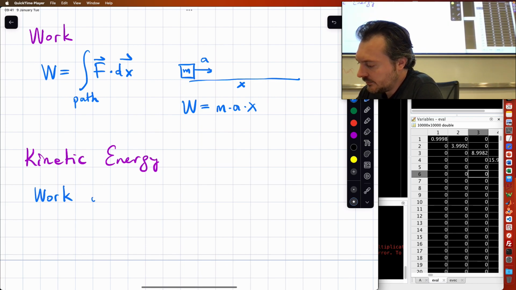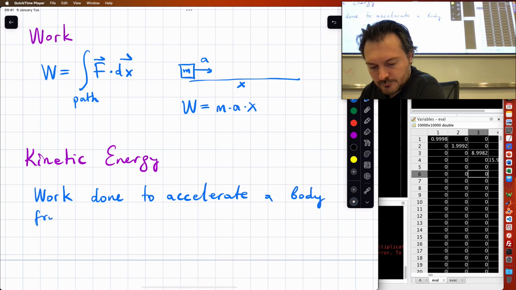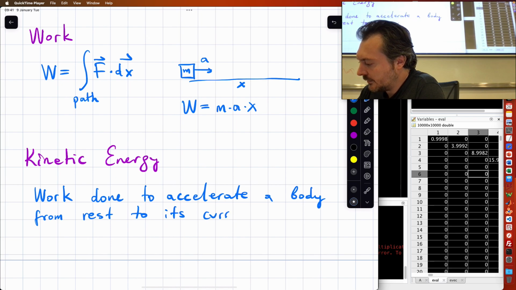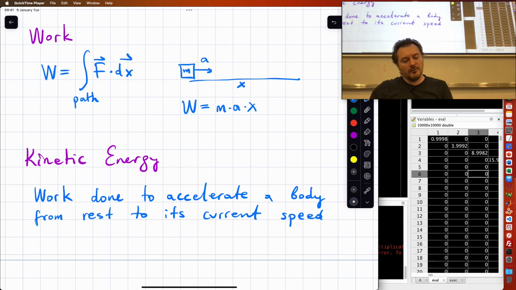Work done to accelerate a body from rest to its current speed. All right? So we have just accelerated this body, right? How much kinetic energy do we have?